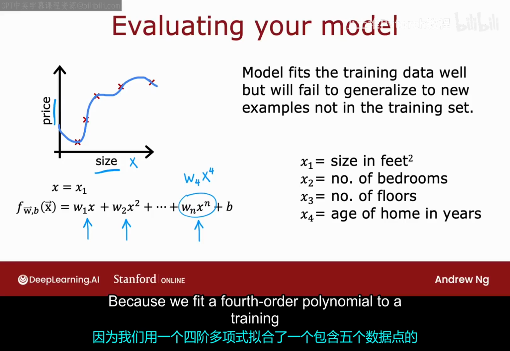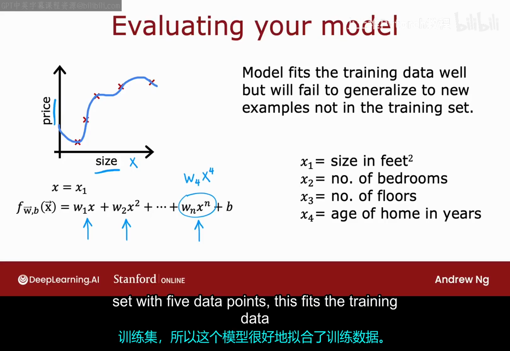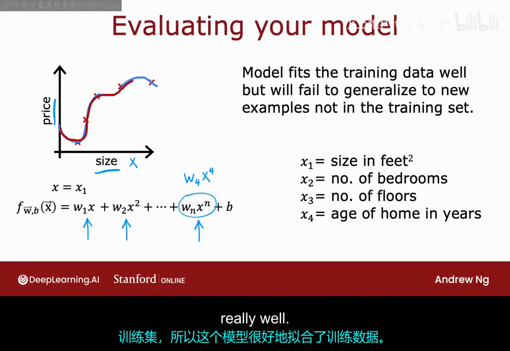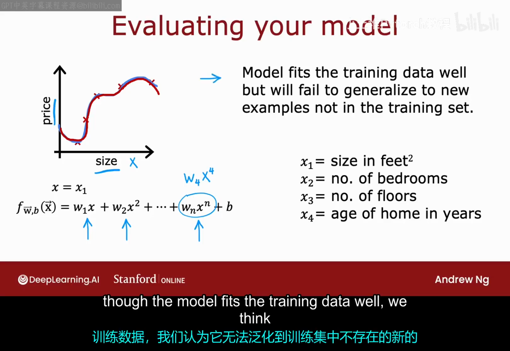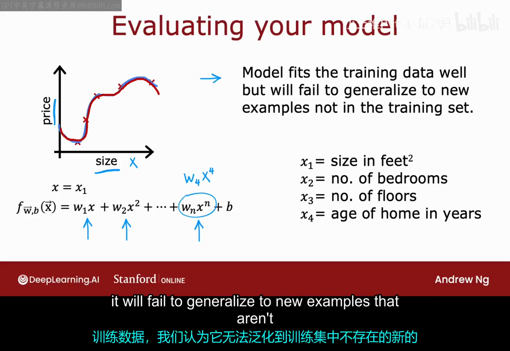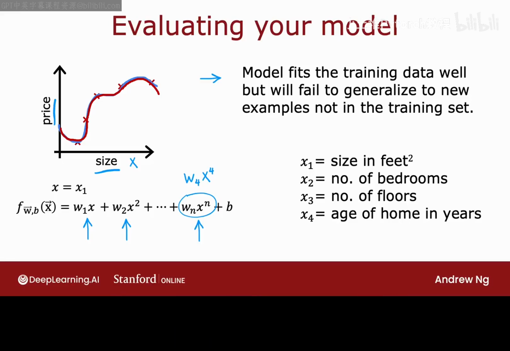Because we fit a fourth order polynomial to a training set with 5 data points, this fits the training data really well. But we don't like this model very much because even though the model fits the training data well, we think it will fail to generalize to new examples that aren't in the training set.